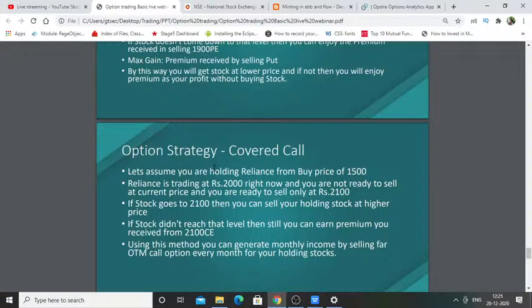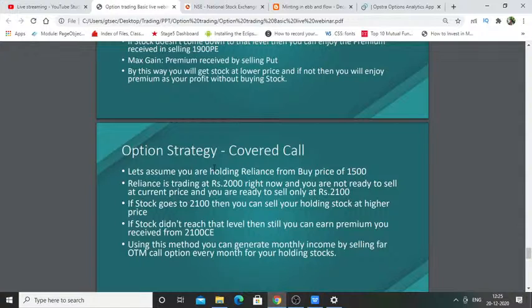In this case what you have to do is sell one higher level call option, which means at the price where you are willing to sell, which is 2100 here. If you sell the 2100 call option, you will collect some premium.